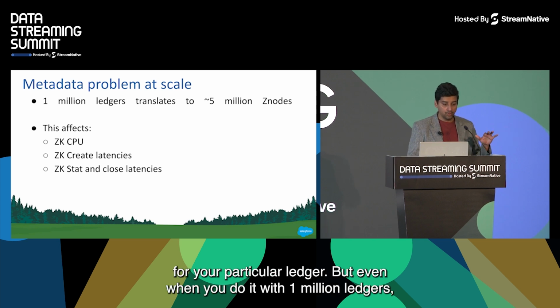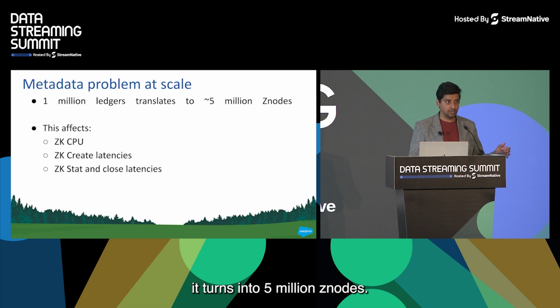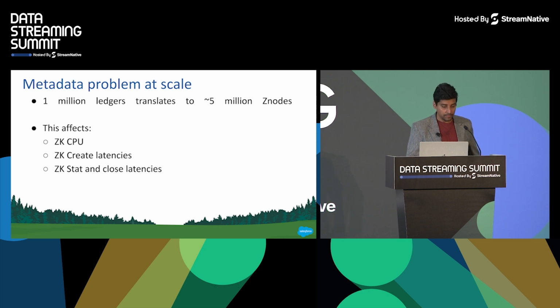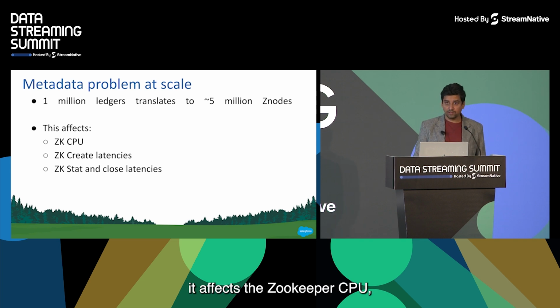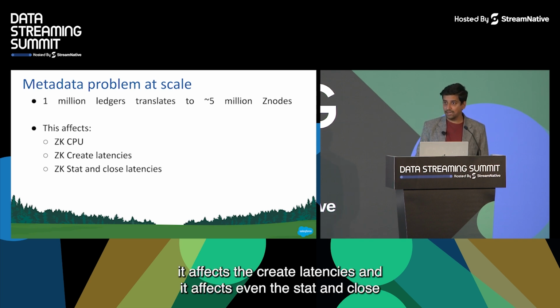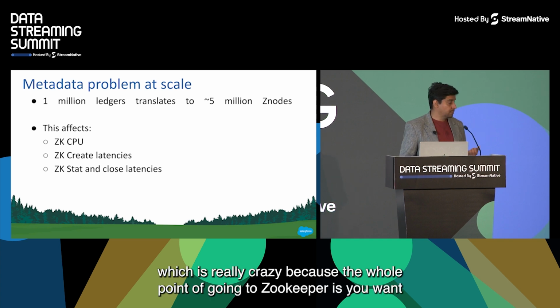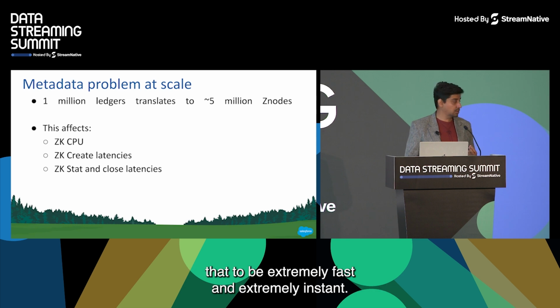But even with 1 million ledgers, it turns into about 5 million ZNodes. And when you have such a setup, it affects the ZooKeeper CPU, it affects the create latencies, and it even affects the stat and close latencies, which is really crazy because the whole point of going to ZooKeeper is you want that to be extremely fast and extremely instant.